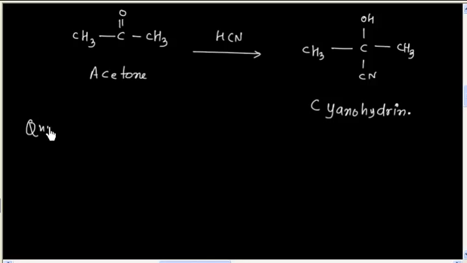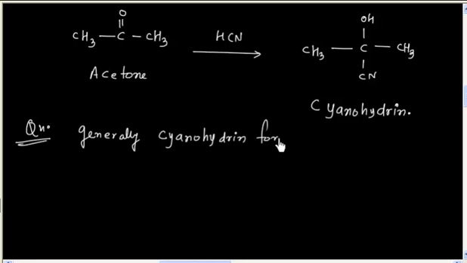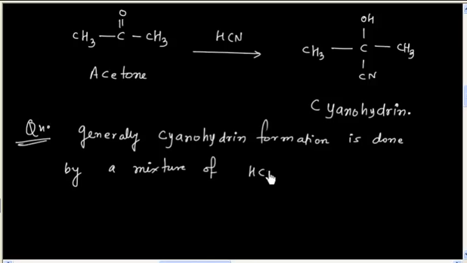So the question is, generally cyanohydrin formation is done by a mixture of HCN plus a strong base.